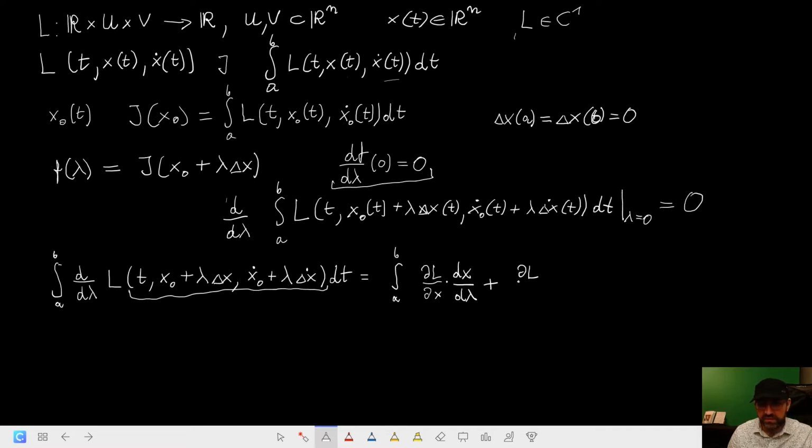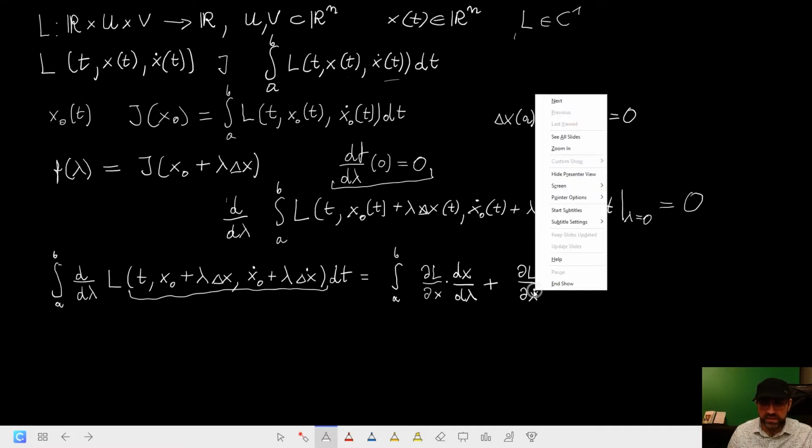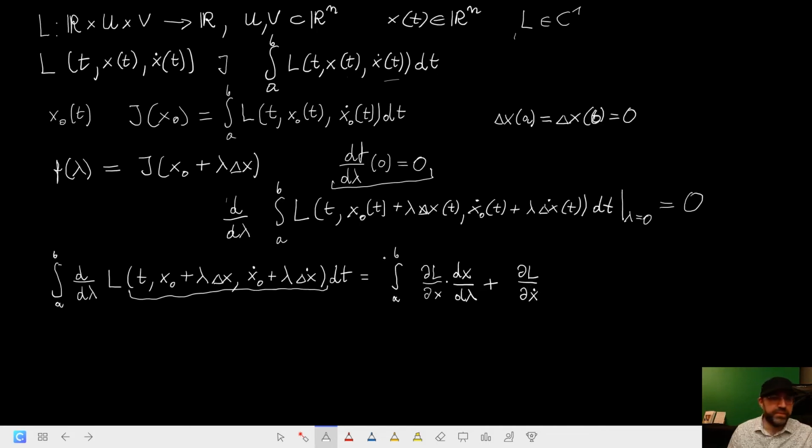derivative over the third argument, which by convention I will just use this, that this is over derivative of x, but it just means for us that this is the third argument.